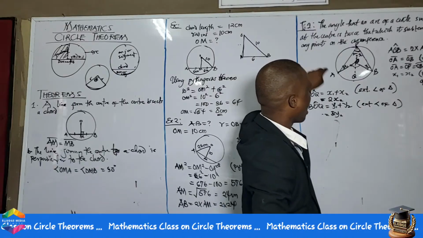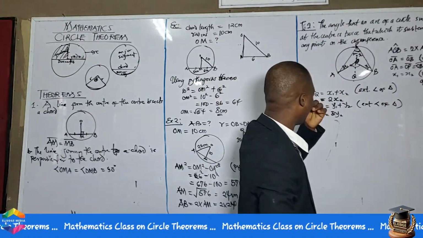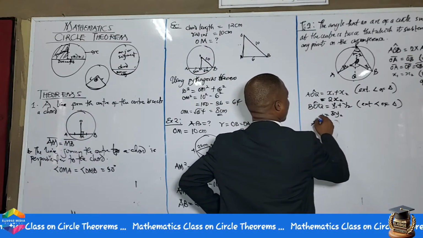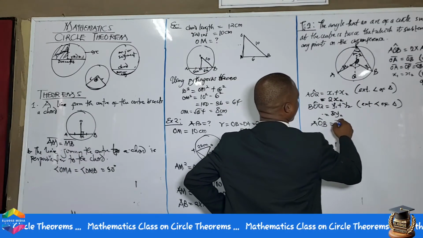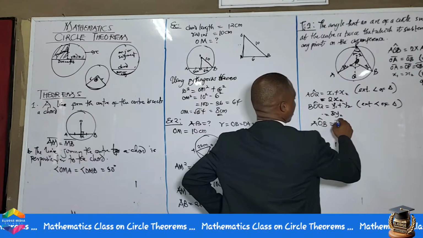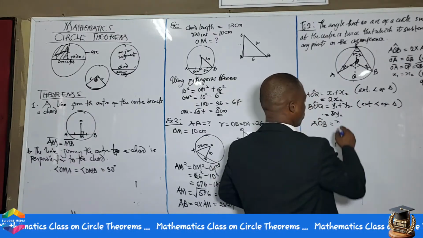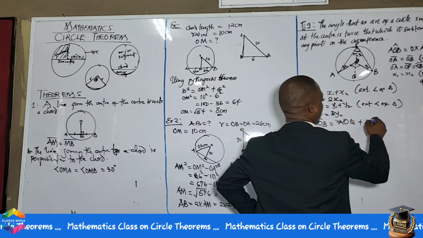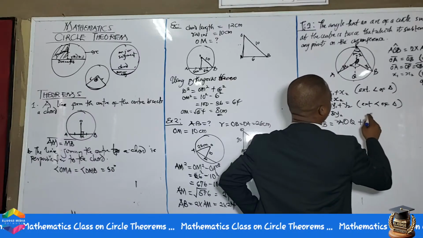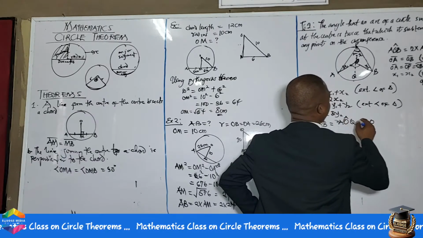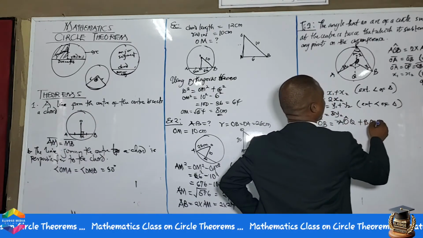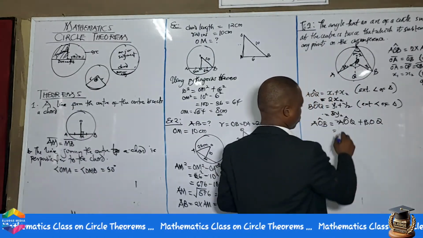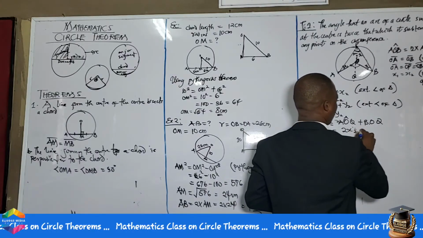So in this case, angle AOB equals angle AOQ plus angle BOQ, and this equals 2x plus 2y.